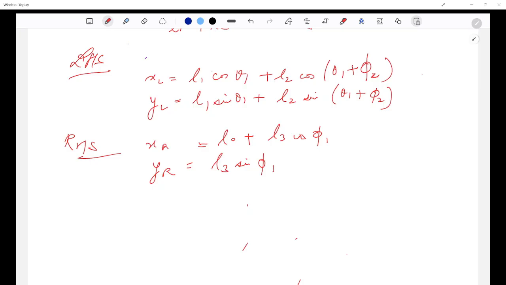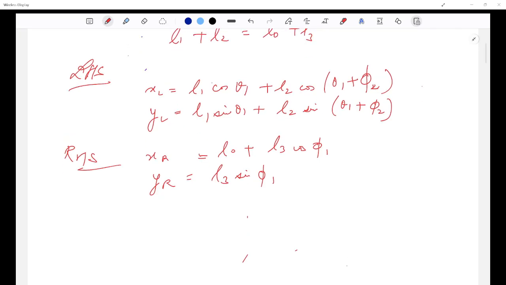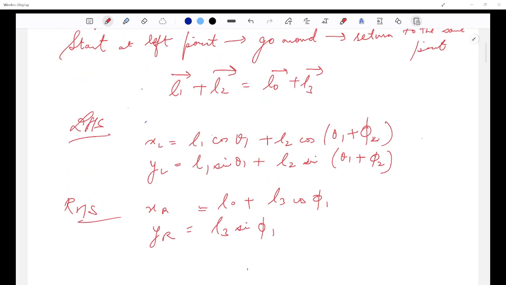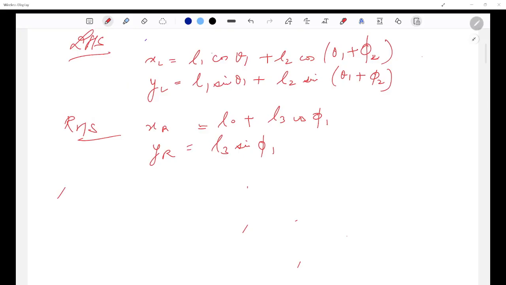Now we have to equate these, right? What we got for x: L1 cos theta 1 plus L2 cos (theta 1 plus phi 2) is equal to L0 plus L3 cos phi 1.